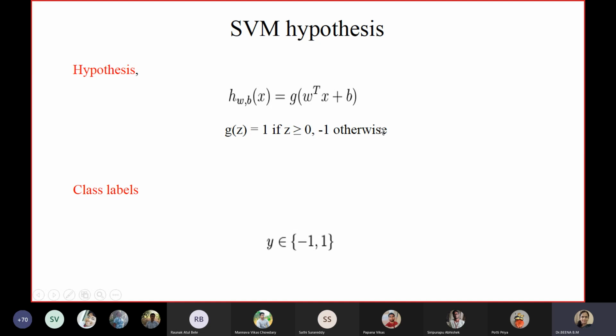What do you understand by this hypothesis, general equation? Yes, students, I want a response from your side. Communication need not be simplex. The communication or interaction should be duplex.